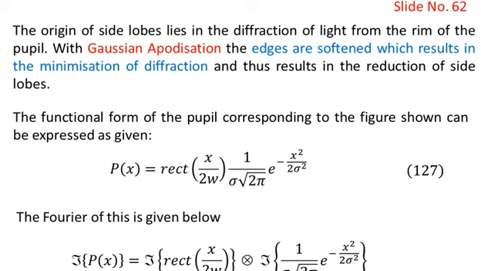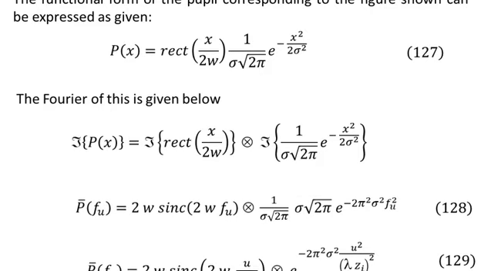The Fourier transform, you see that this is the pupil function. We have to take the Fourier transform of this quantity so that we can get the amplitude point spread function. The Fourier transform of this quantity is given.